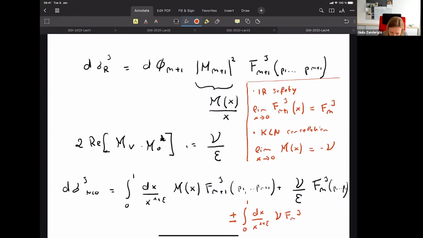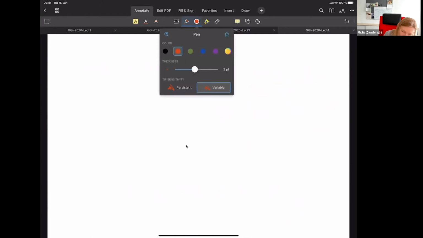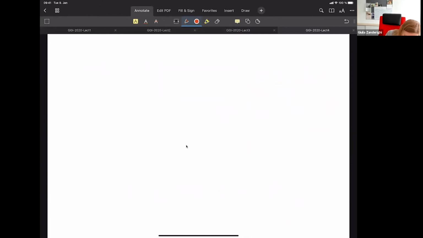So in essence, your cross section then takes this form. d sigma, or sigma NLO jet. I have now the integral from 0 to 1 in dx over x to the 1 plus epsilon.